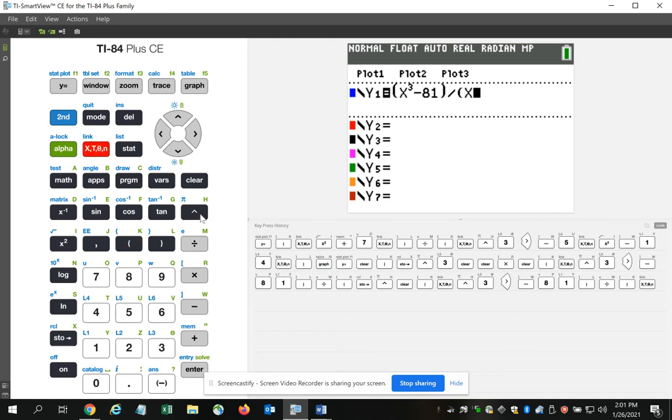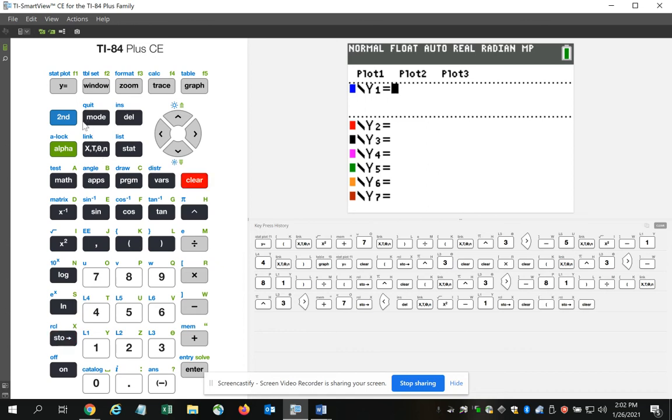I'd have x raised to the third plus 7x squared minus 18x. I forgot to put my parentheses in there.